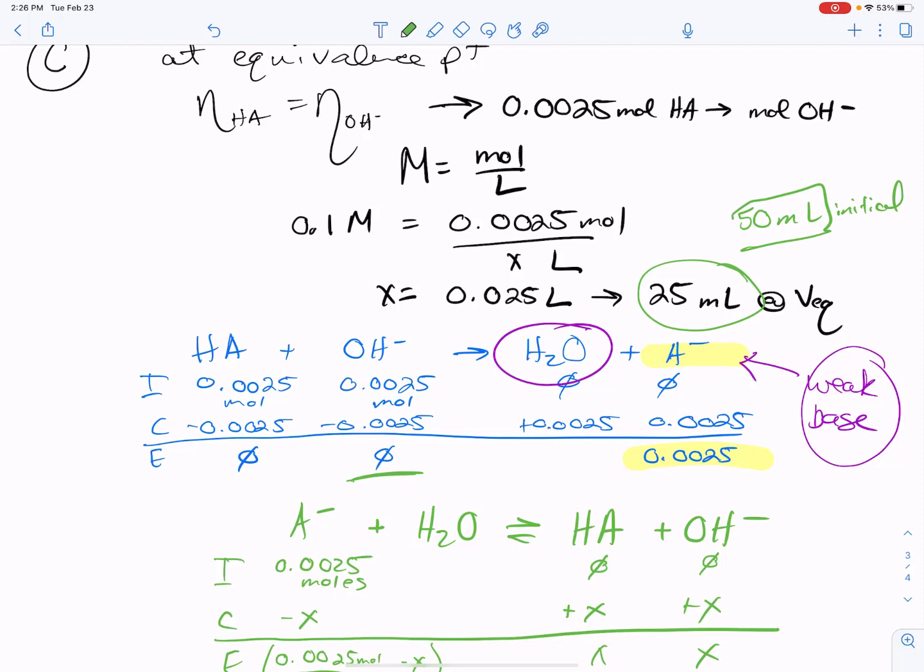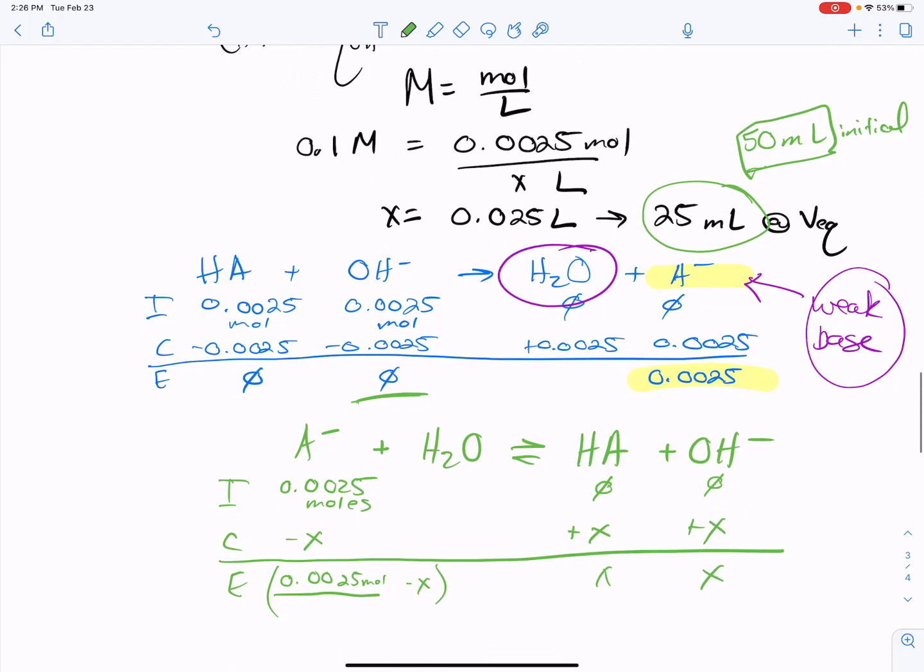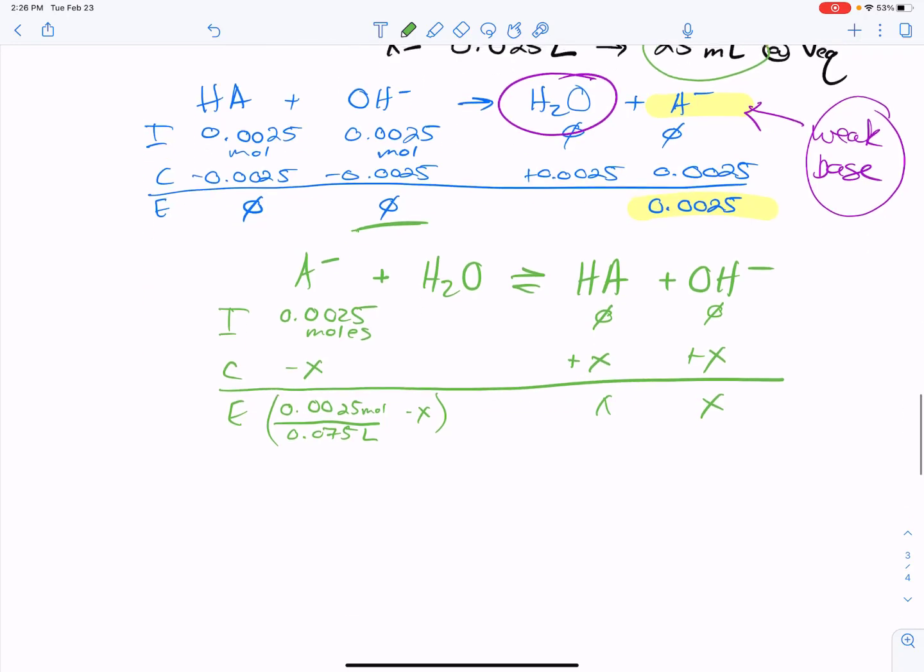And so because of that, we need to make sure that we've got the total concentration here, not just the concentration of what I added. It's total because my conjugate is not just in my solution of base, it's in my solution of initial weak acid plus the base that I added. And so here I've added a total of 0.075 liters. And so now that's my formal concentration.